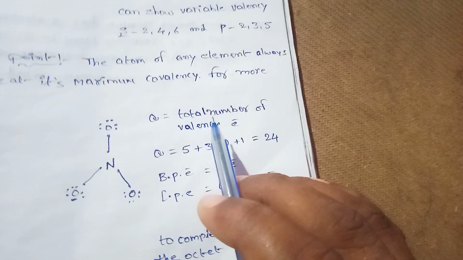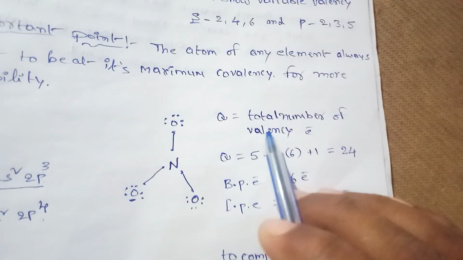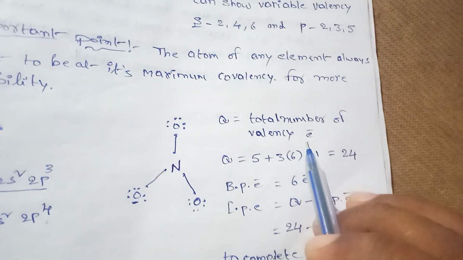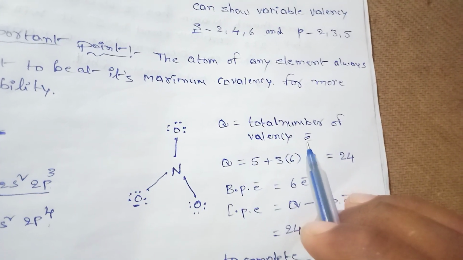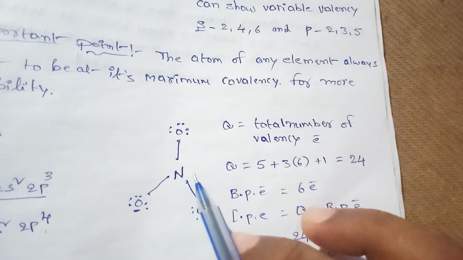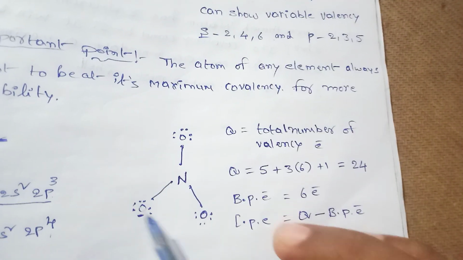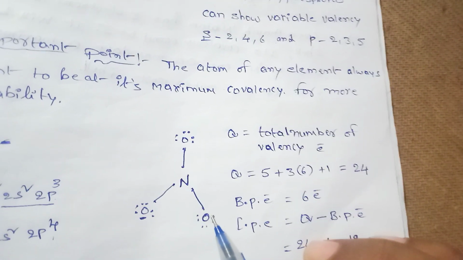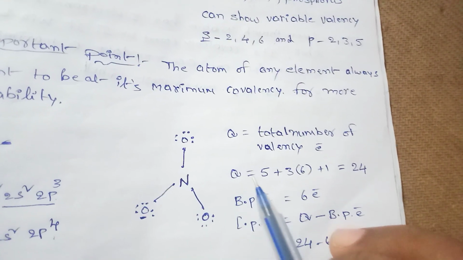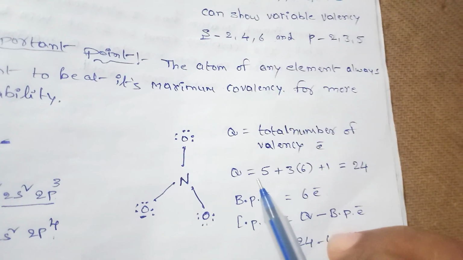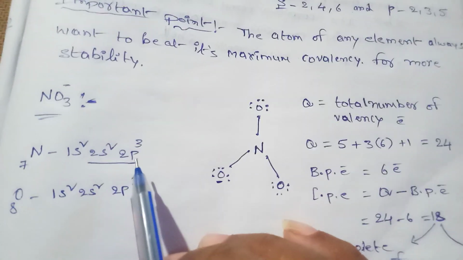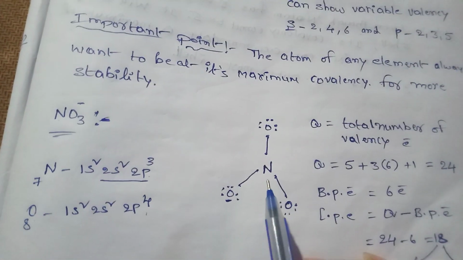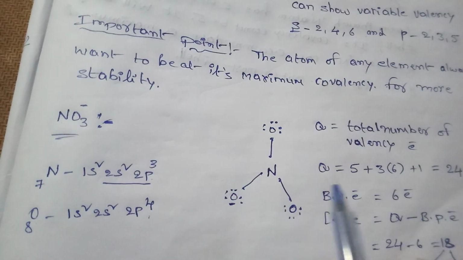Q is the total number of valence electrons of each atom, meaning nitrogen and 3 oxygen atoms here. So Q is equal to, first, nitrogen. Nitrogen has 5 valence electrons, and we have one nitrogen atom in the compound, that's why 5.